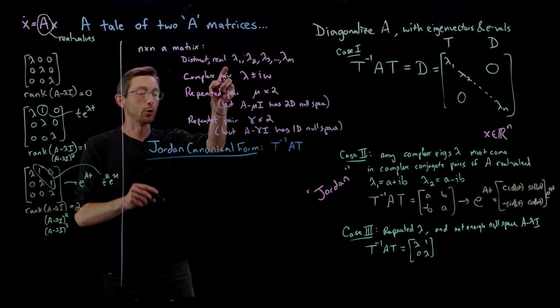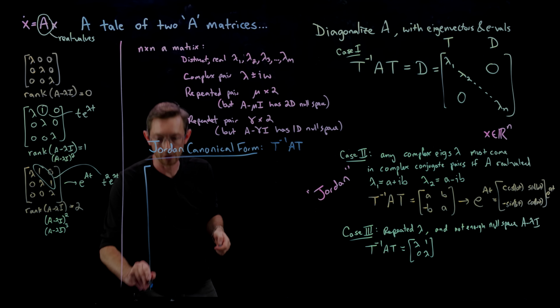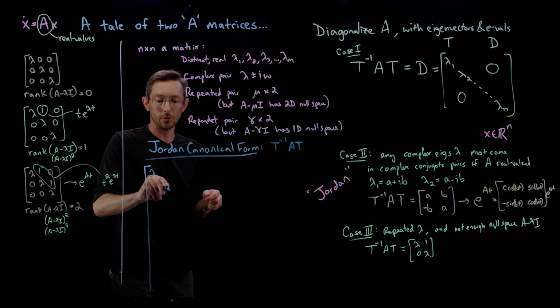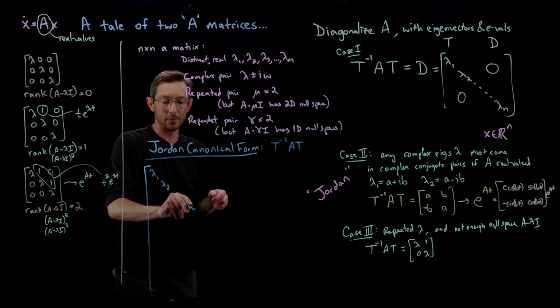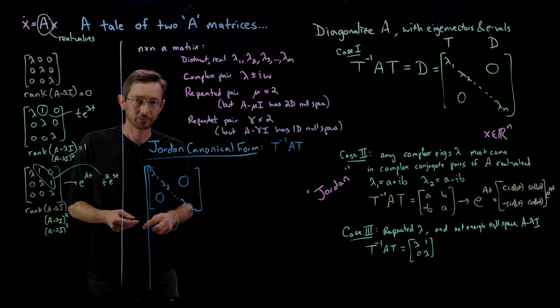And so that Jordan form, it's going to have a big block that is diagonal. So it's going to be this huge matrix, and it's going to have lambda 1, lambda 2, to lambda m, zeros here. So this is a block matrix that's diagonal.